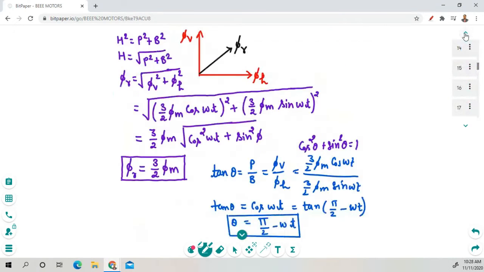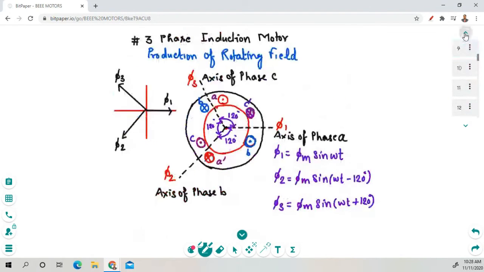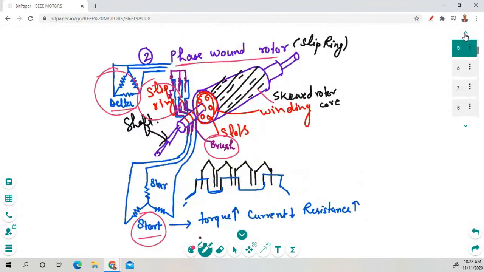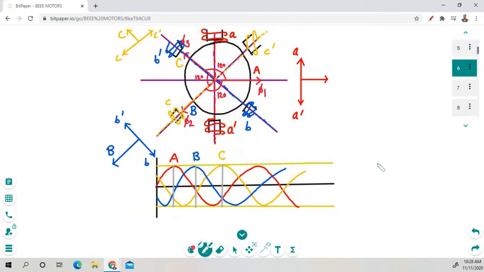Let's understand the basics of how the rotation of this rotor will work. We have three phases: the first phase in red, the second in blue, and the third in yellow. You can see we have different windings and different poles connected together.